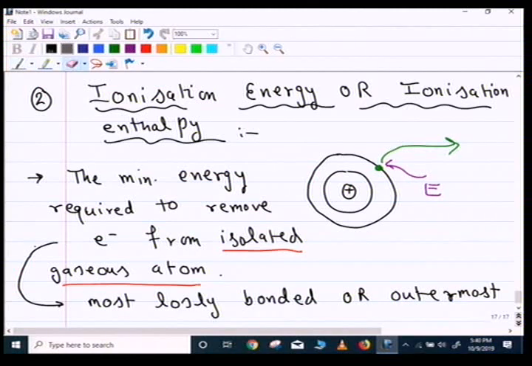Actually, this is the arrow that you have to add in this line. The minimum energy required to remove the most loosely bonded or outermost electron from an isolated gaseous atom.